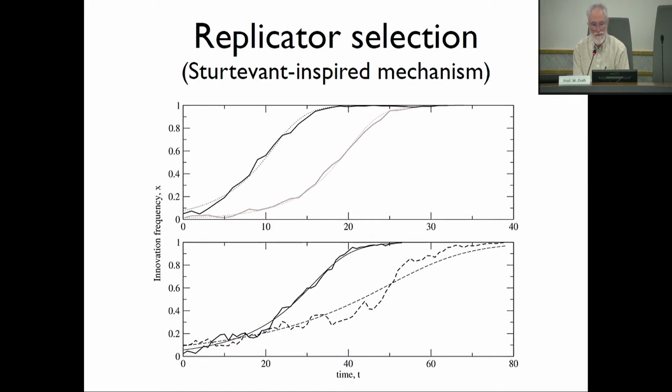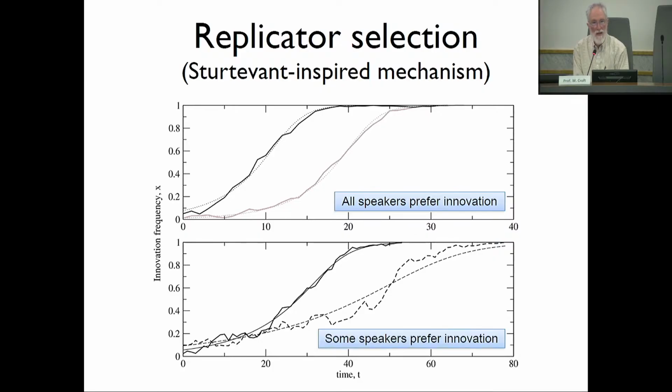Replicator selection: very powerful, easy to get. If you have all speakers preferring innovation, you get the S-curve. Interestingly, even if you have some speakers who prefer the opposite of the general trend, you still get an S-curve. It goes down to about 70%. So you can have up to 30% of the speakers not favoring the incoming variant.